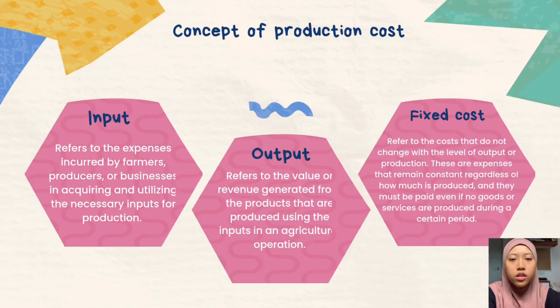So next is the concept of production cost. We have six concepts of production cost: input, output, fixed cost, variable cost, short-run cost, and long-run cost.